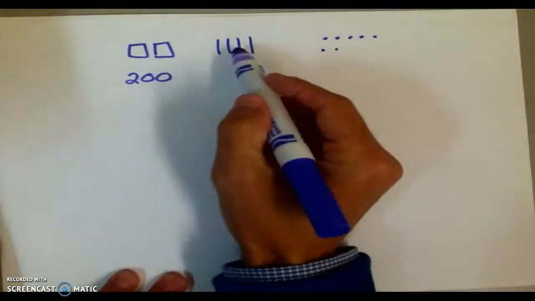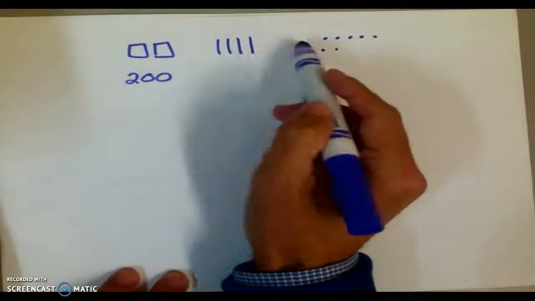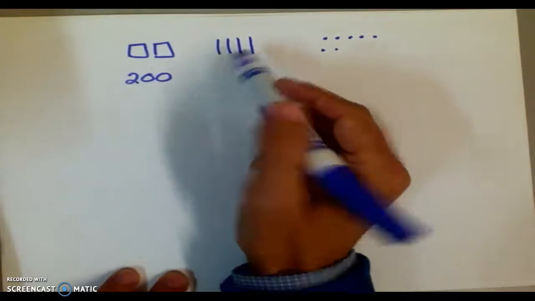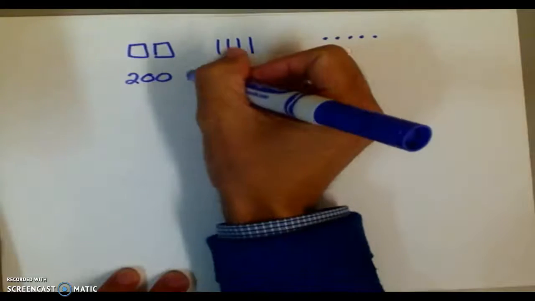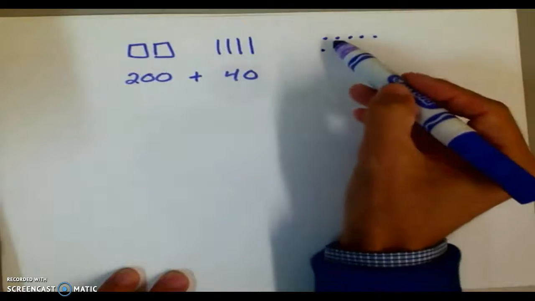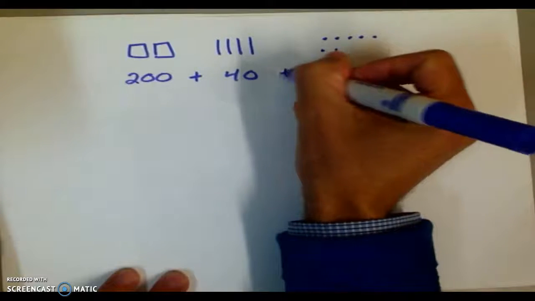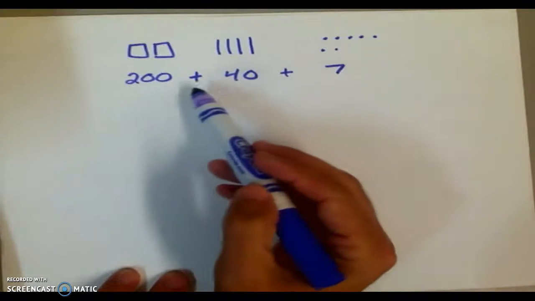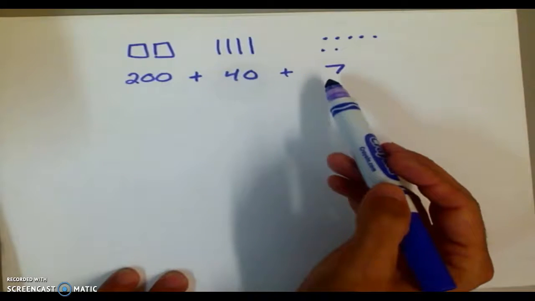We could look at our tens. And we know the value of this is, let's see, 10, 20, 30, 40, right? Because we have 4 tens, which gives us 40. And here we have 7 ones. I know it's 7 because I have 5 plus 2 more. So we have our expanded notation right here. 200 plus 40 plus 7.